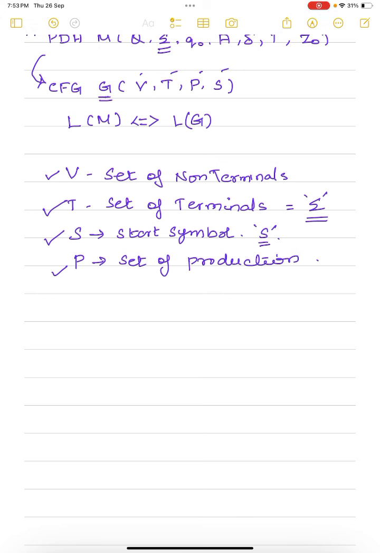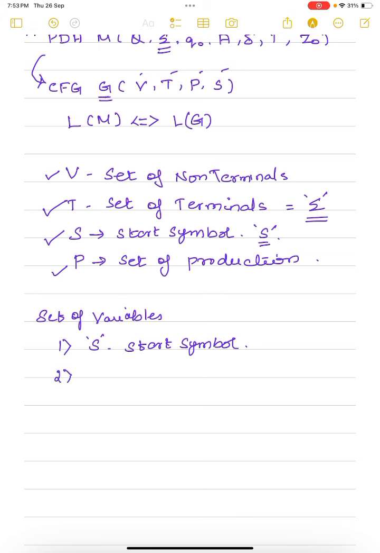So what can be the possible set of non-terminals or variables? As I've told you, we will introduce a special symbol S, which will act as the start symbol for the context-free grammar.